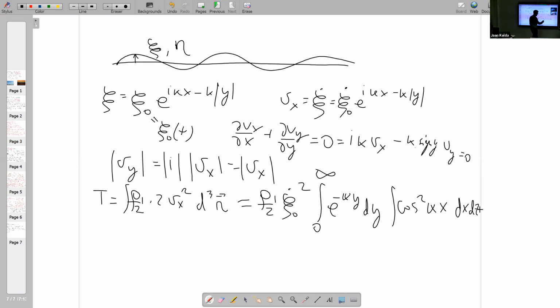Now the cosine squared average value is 1/2, so this becomes 1/2 of the total surface area A: the average value of cosine squared times total area.